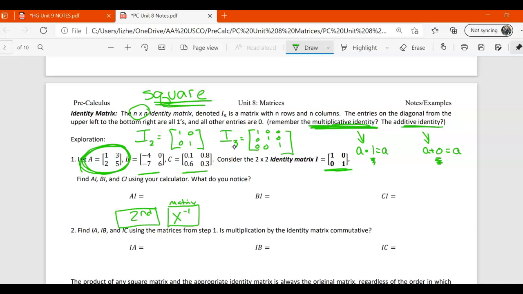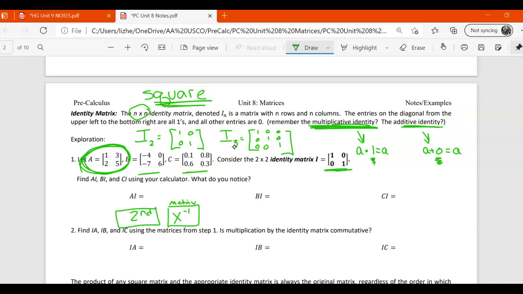So move over to Edit, move your cursor down to B, and hit Enter. Make sure it's a 2 by 2 again. Now put your identity matrix in the B spot, so you have 1, 0, 0, 1. All right, second quit.